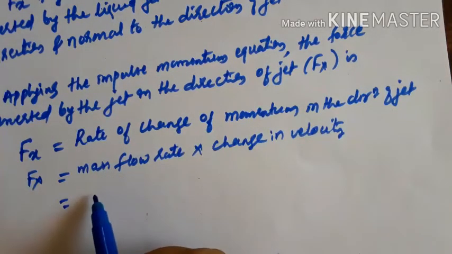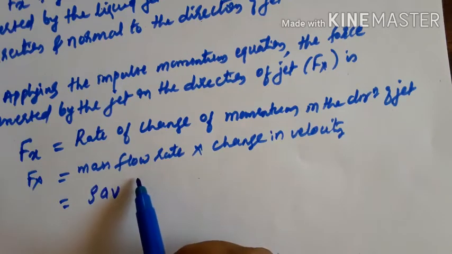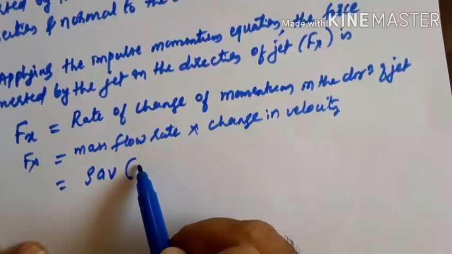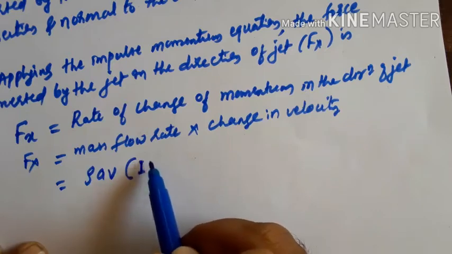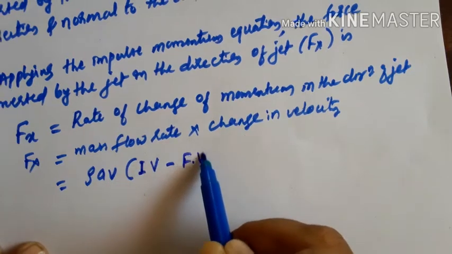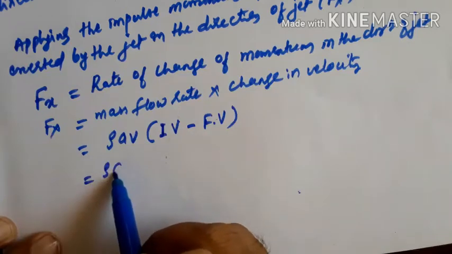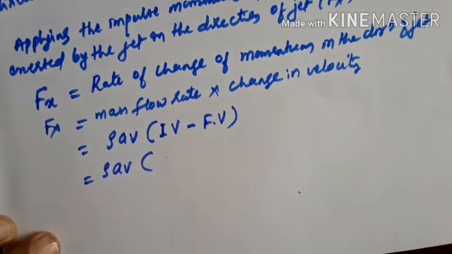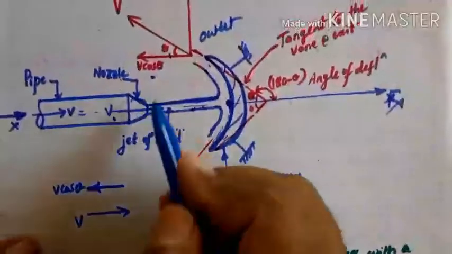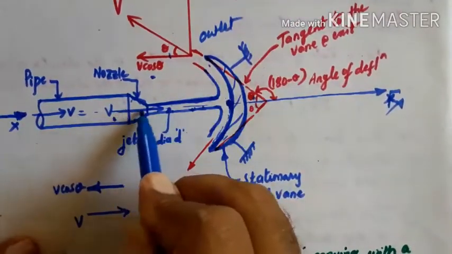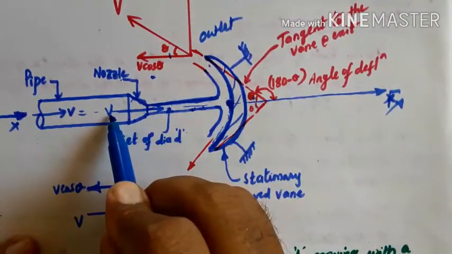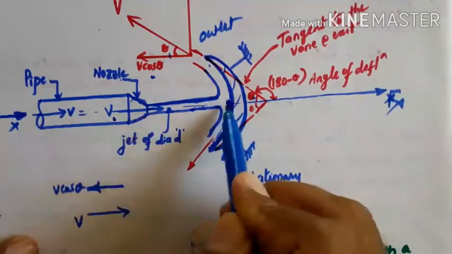The mass flow rate, as we know, is rho into a into v. Change in velocity means initial velocity minus final velocity. The initial velocity of the jet is v, so the jet is striking the vane at a velocity v initially.